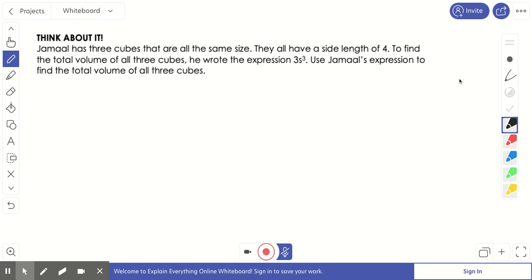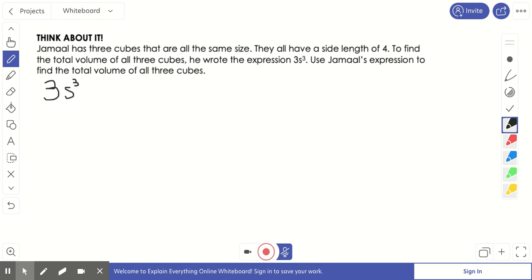Our original expression is 3s cubed, or to the third power, which means that we're going to multiply s by itself 3 times. But first, let's plug in our number to replace the variable.